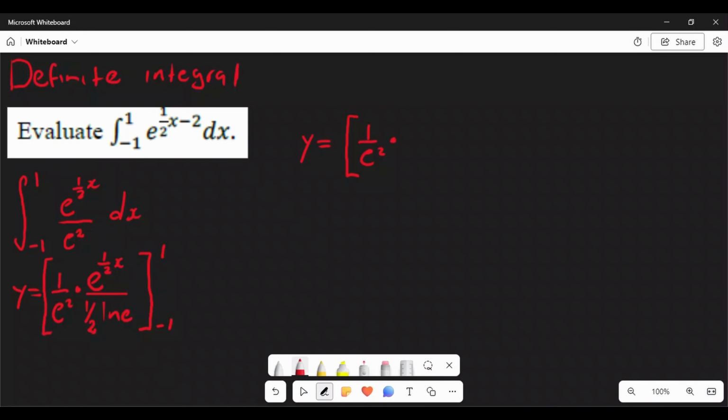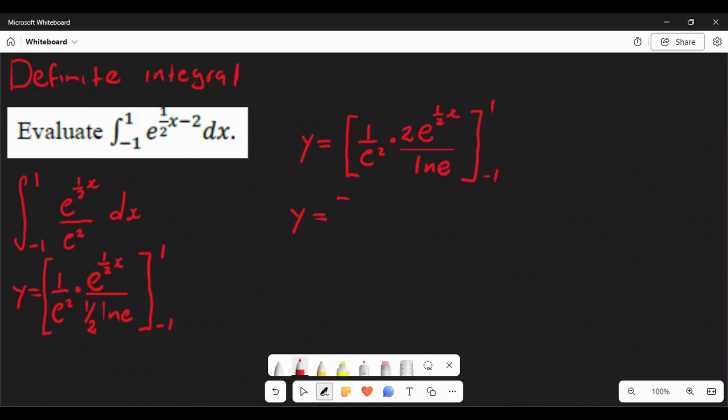So this is the same as 2 e to the power of 1 over 2 x, divided by natural log of e. Let's not forget we have the upper limit and lower limit. Now there's too much simplification here, but we need to do it anyway.